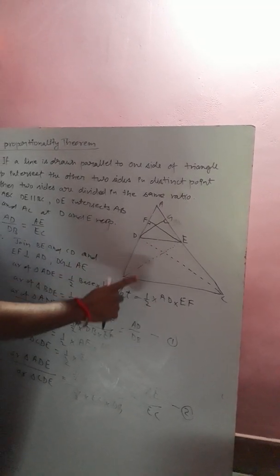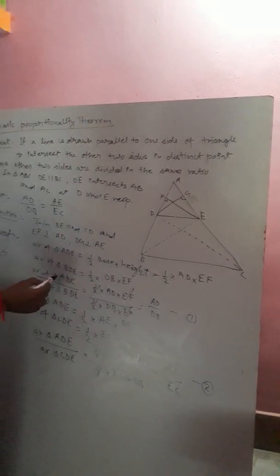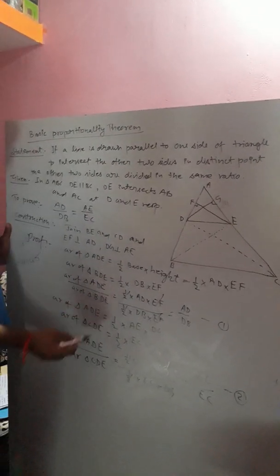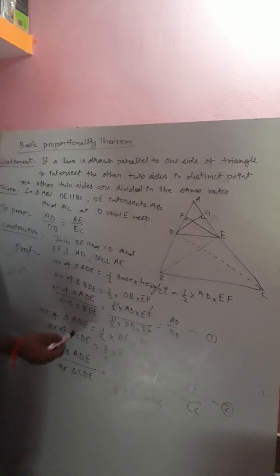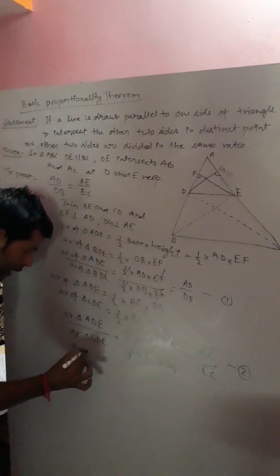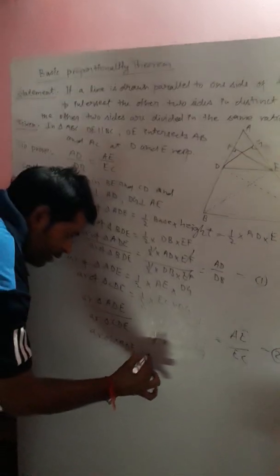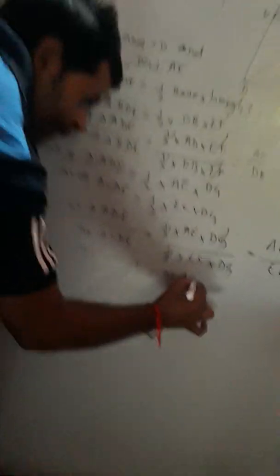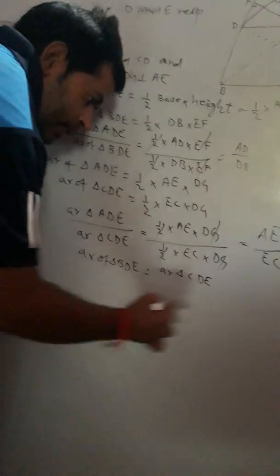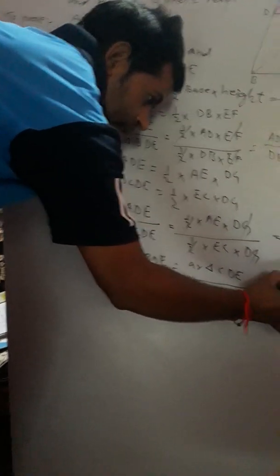That means the area of both triangles will be the same. So area of triangle BDE equals area of triangle CDE. This is equation third.